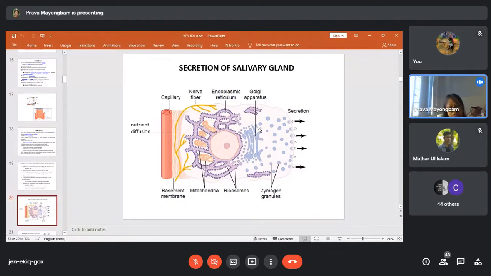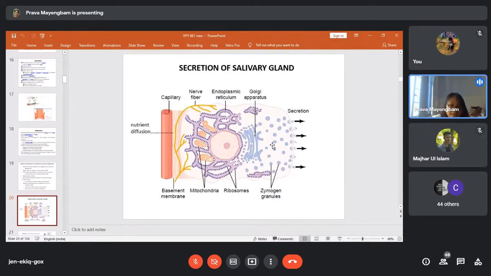After modification, they are released in the form of secretory vesicles. These vesicles will remain here and there, and slowly they will migrate towards the apical end of the secretory cell. At this apical end, all the secretory vesicles will be located.